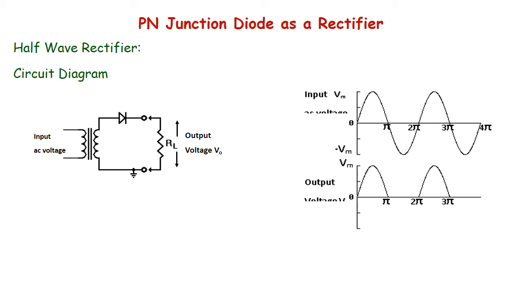What happens is, the diode conducts only when it is forward biased. That means only when the voltage applied to the anode is positive will the diode conduct. So during the positive half cycle the diode conducts, and during the negative half cycle it does not conduct. For one half cycle you have a sinusoidal waveform, and when the input waveform goes negative, the output becomes 0.